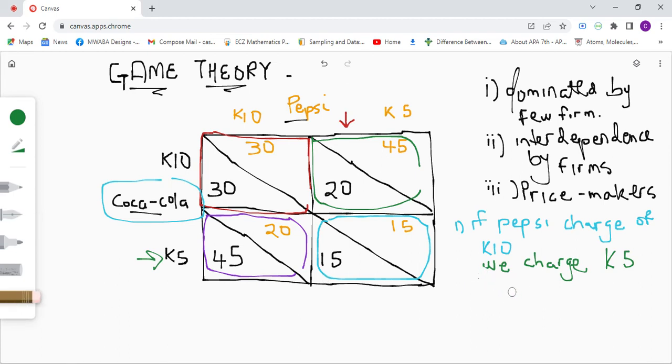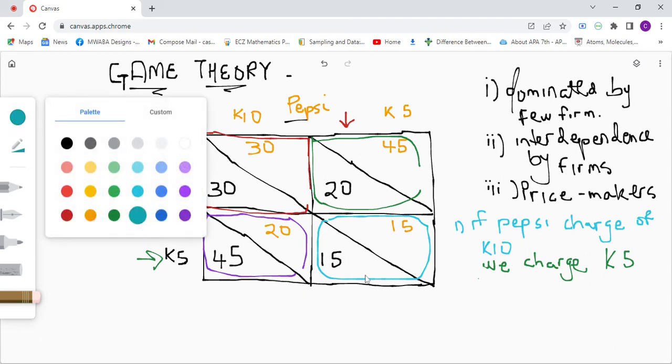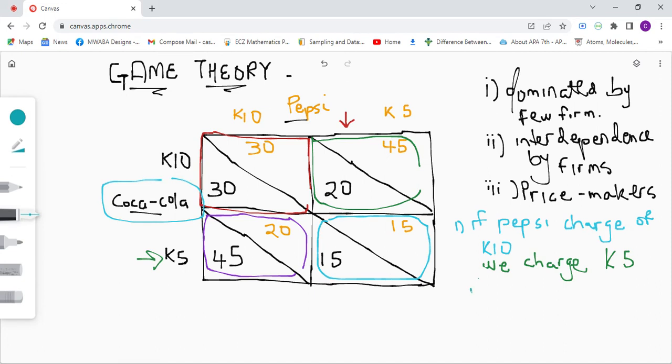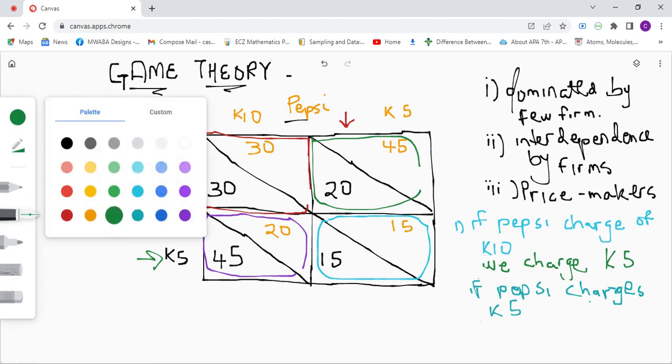If Pepsi charges 5 kwacha, then we as Coca-Cola are still going to charge 5 kwacha. We'll still remain at 5 kwacha.